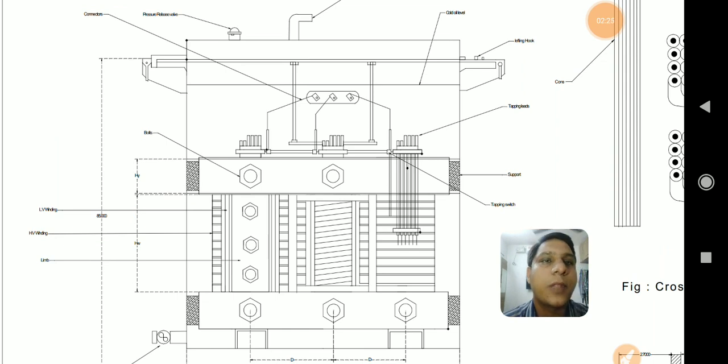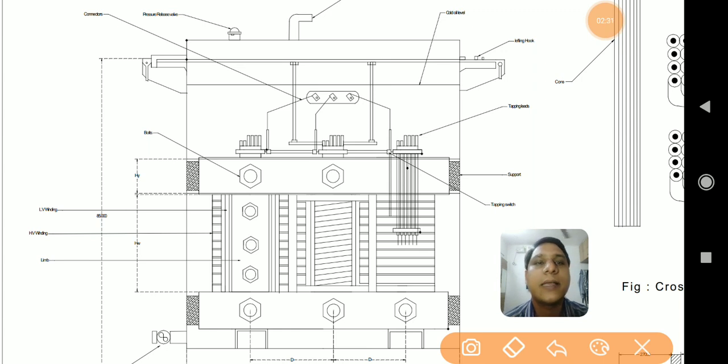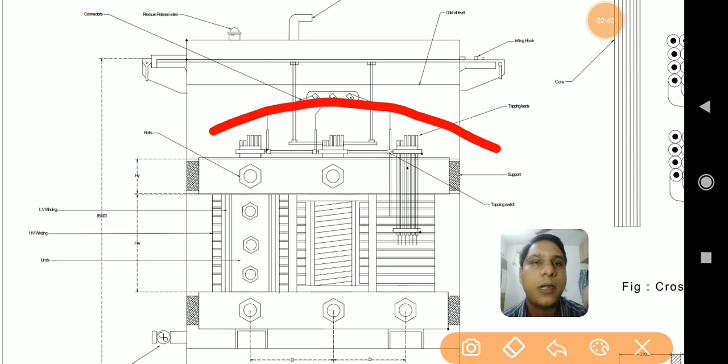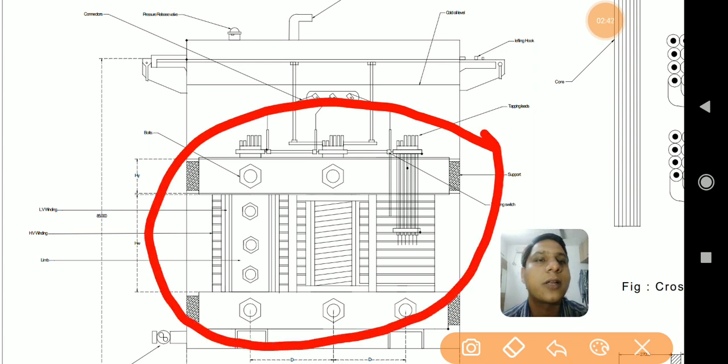Going through it one by one, the first and very important part which is represented here is the frame of the transformer. Specifically, this part which I'm showing here by encircling is representing the frame of the transformer.